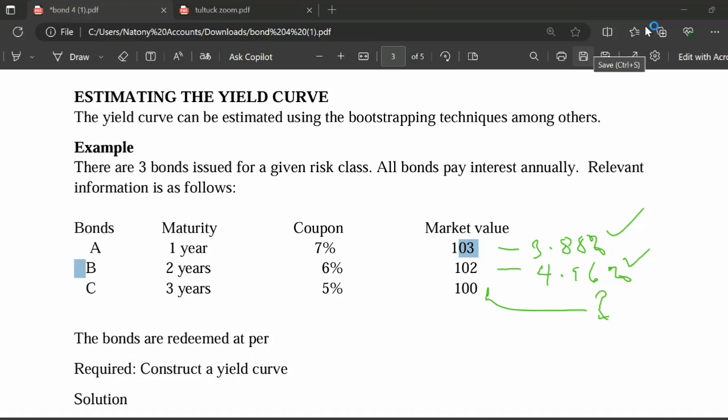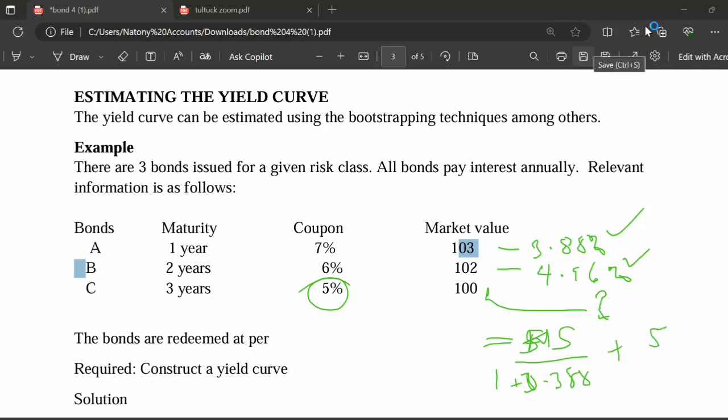So this interest is 5% of 100, which is 5 naira. This 5 naira in year 1 will be discounted using 1 plus 0.0388.